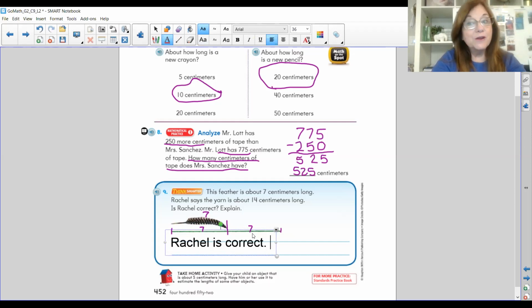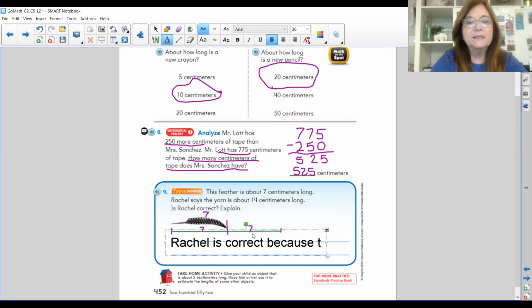And we're going to use the term half because that is a fraction term, and we're getting ready to talk about fractions. And I think you guys already understand some of the basic fractions. So Rachel is correct. And I'm going to get rid of that period. I'm going to put because. We always want to know why, and because tells us.